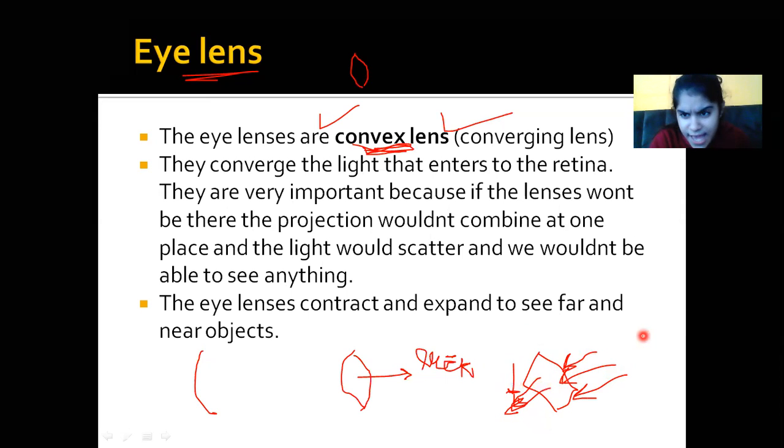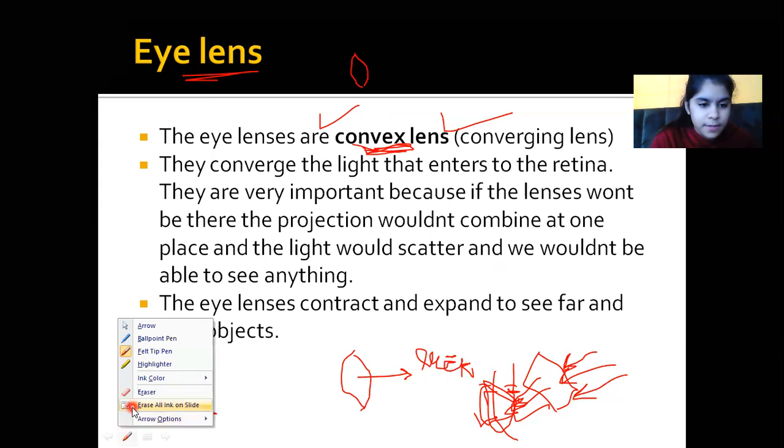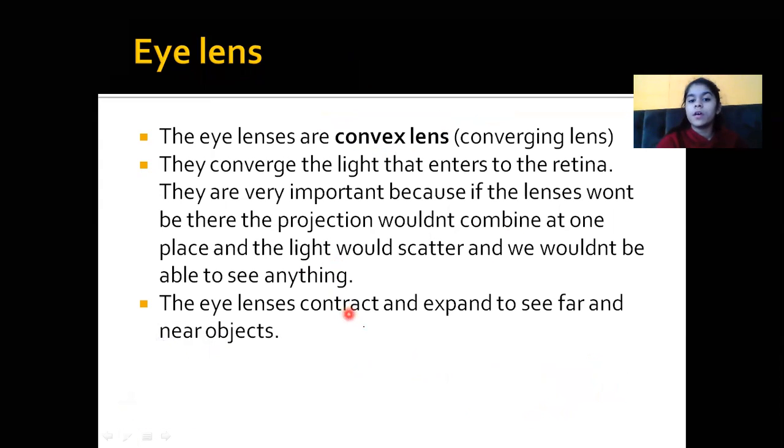And जब light rays ऐसे enter होती हैं, they get converged and they fall on the retina. तो retina में एक particular place पे image form हो जाती है, and this image is what you see. My drawing may not be clear, but I think the explanation is much clearer. Okay, let me draw it.